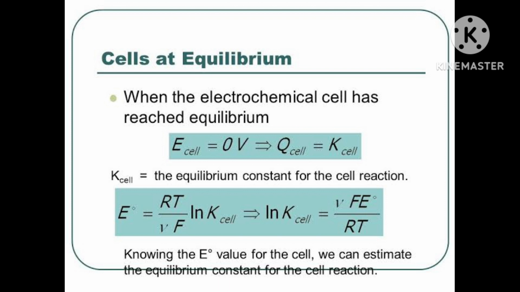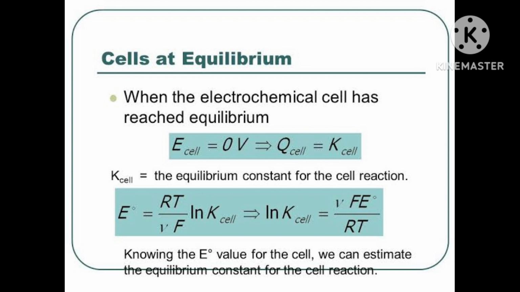But if you want to know only the Kc value, then what do you have to do? You have to use the anti-logarithm. Kc is equal to the anti-log of 37.28.